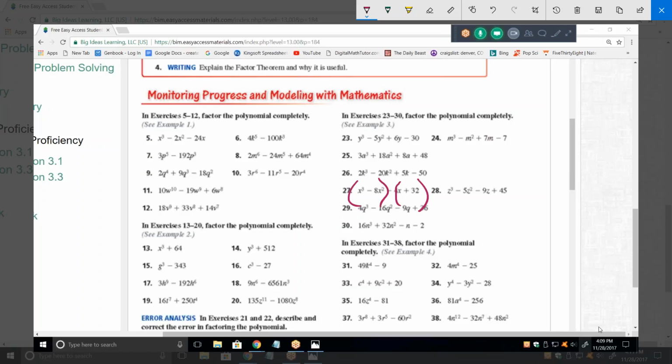If this was a positive sign instead of a subtraction, I could do this, and I would have no problem. But notice that if I want to group the x cubed and the x squared together, I'll do that. But if I want to maintain that minus sign, what has to go in these parentheses for the other two terms?